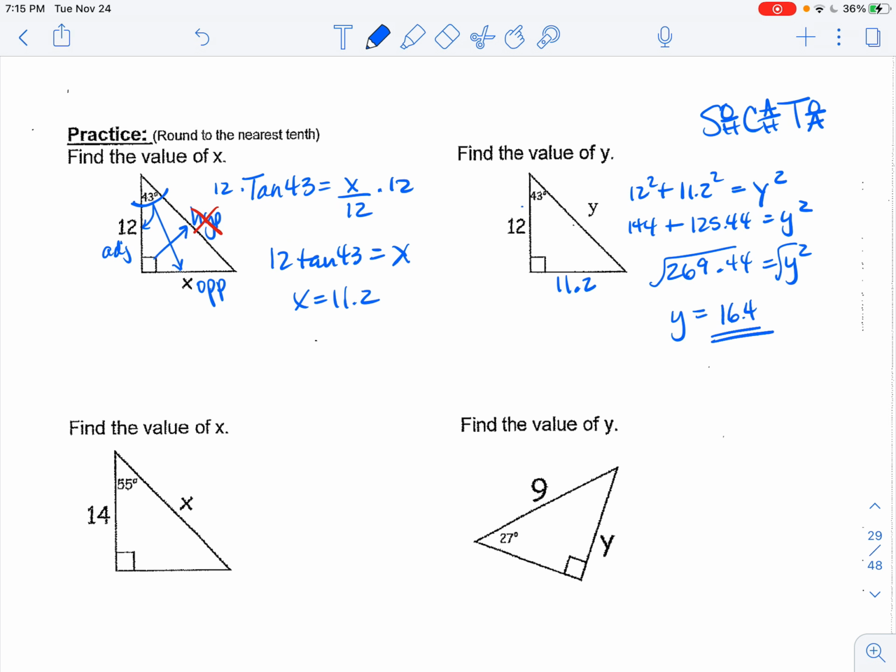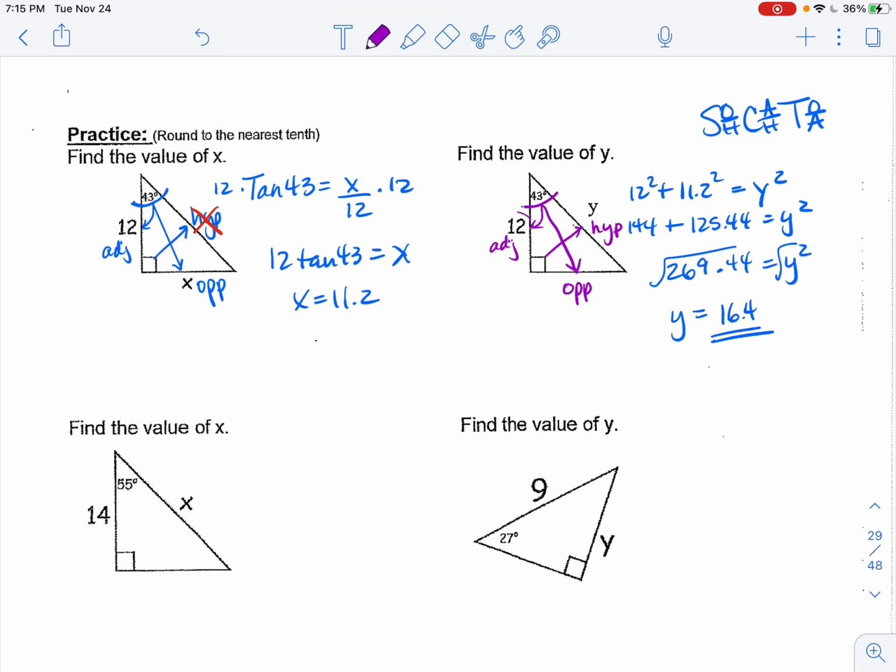All right, I'm going to show you a different way to do this one now. Instead of using Pythagorean theorem, what we could have done is use a different trig ratio. So let me erase that. 11.2, and I'm going to go ahead and label opposite, adjacent, and across the box is your hypotenuse.